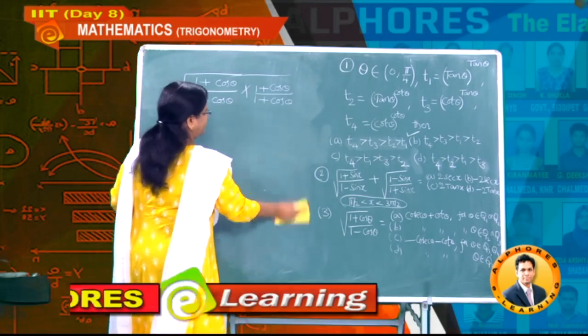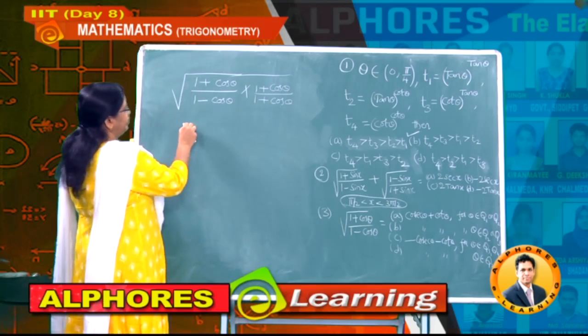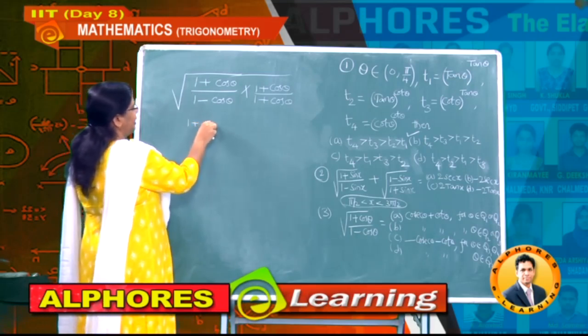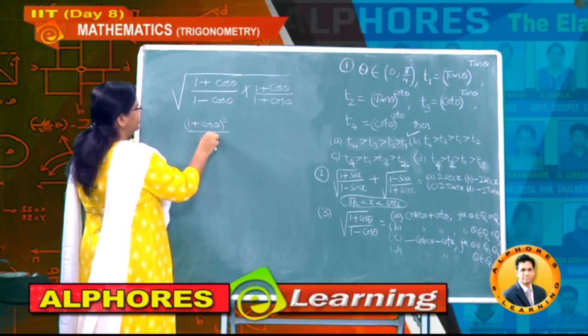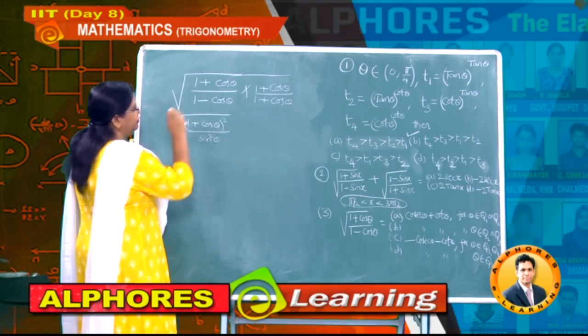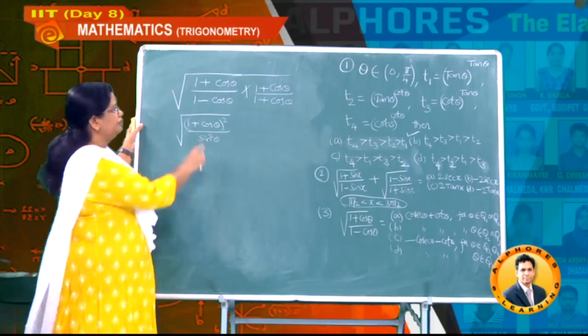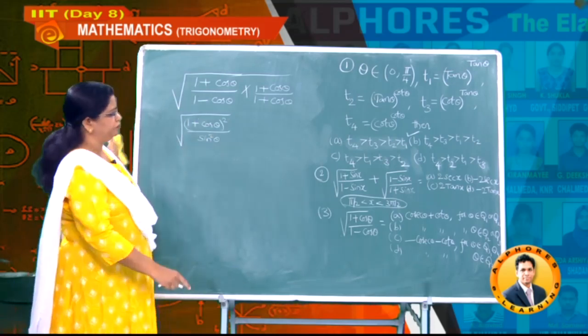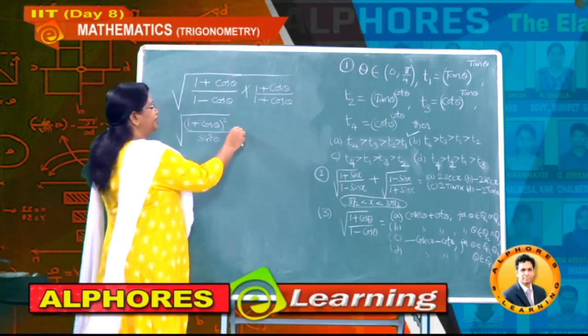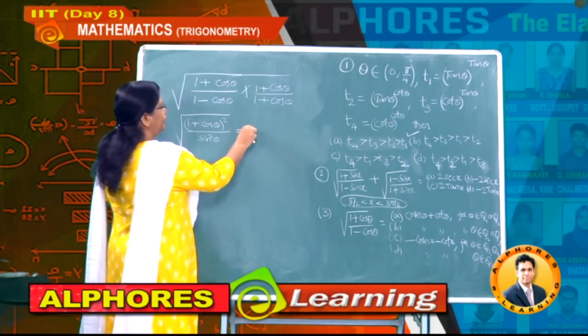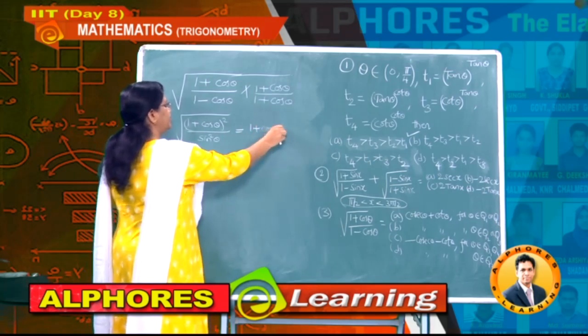Then observe the numerator. It is 1 plus cos theta whole square. Understand? Denominator is sine square theta. This is our value. Got it? 1 minus cos square is sine square. Now students, just like the previous one with sine, here also without checking anything, you just write it as 1 plus cos.